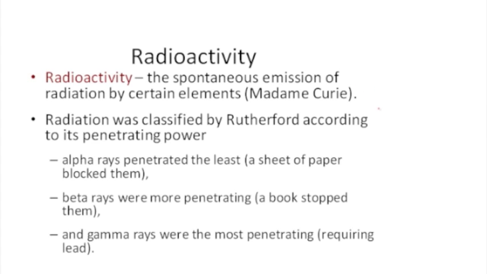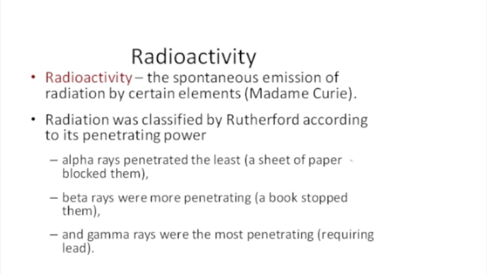So Rutherford further studied it, and he classified nuclear radiation according to its penetrating power. So that's where we get the alpha, the beta, and the gamma. The alpha penetrated the least. If you held a sheet of paper between the source and a detector, you could trap the alpha particles.